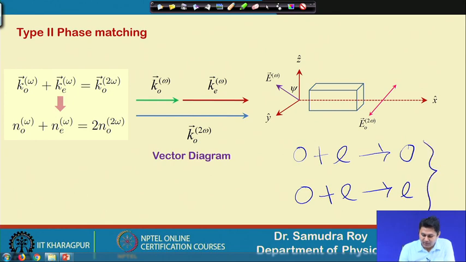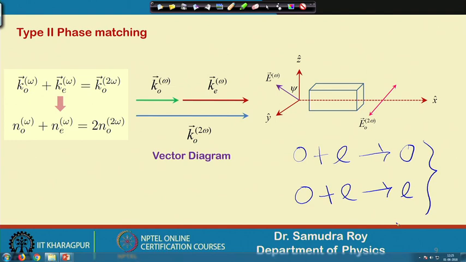In both cases the phase matching can be possible, and this kind of phase matching is called type 2 phase matching, which we just learned in the example that in second harmonic generation one part of type 2 phase matching can be possible. In terms of refractive index we have this relation as the phase matching condition. If we plot the vector diagram, you can see that one ordinary and one extraordinary wave can merge to generate one ordinary wave.